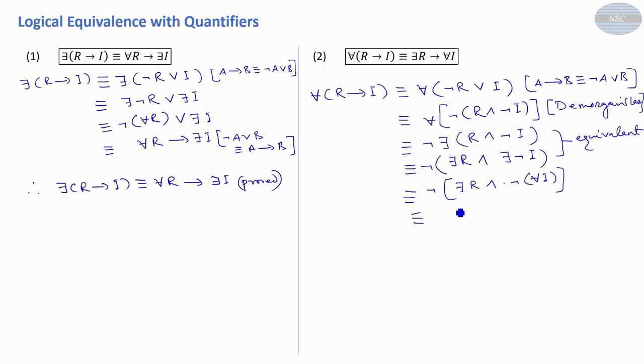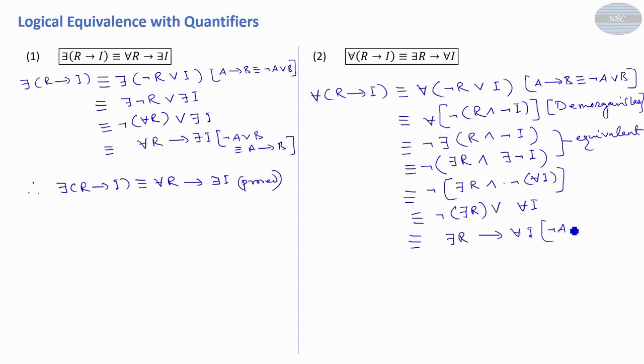Now use De Morgan's law here. When you use De Morgan's law, this will be not there exists x. This conjunction will become a disjunction, and this not will be cancelled out. So it will become for all y, and this is equivalent to there exists x, for all y.